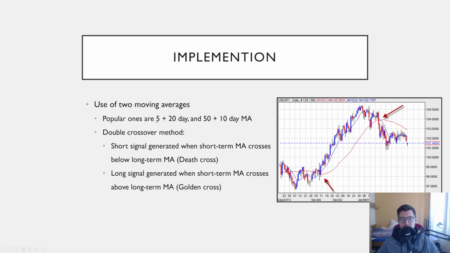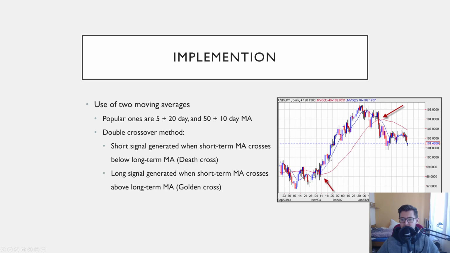Popular ones would be the 50 plus 20-day moving average or 50 plus 10-day. And this double crossover method basically means that you have a short signal generated when the short-term moving average crosses below the long-term moving average. This is also called a death cross.